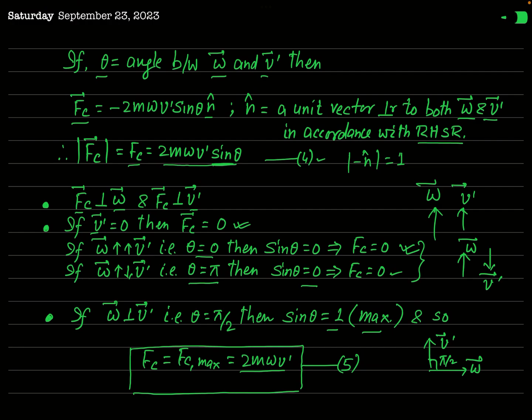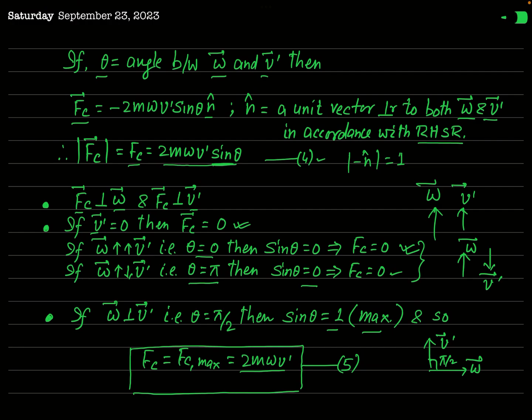So I think you have learned what this Coriolis force is. In a nutshell, Coriolis force is a fictitious force which acts on a particle only when the particle is in motion with respect to the rotatory frame. This force is always perpendicular to the plane containing the angular velocity omega of the frame and the linear velocity of the particle with respect to the rotatory frame.